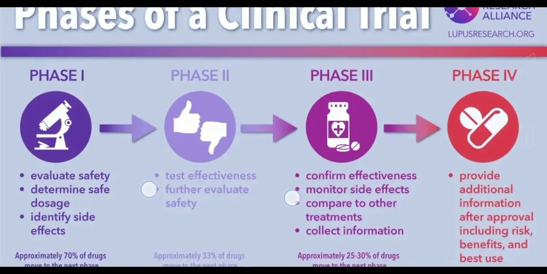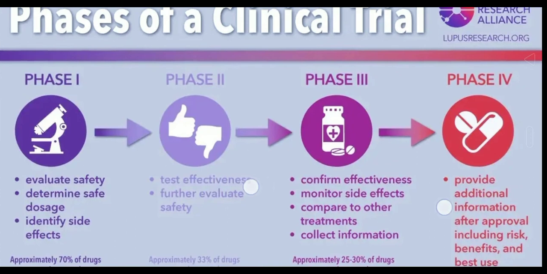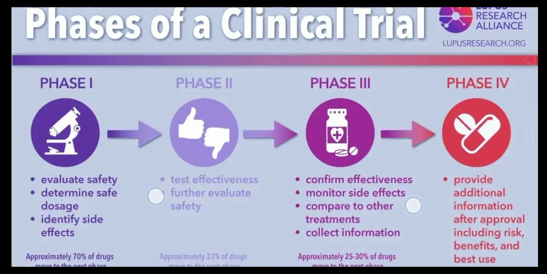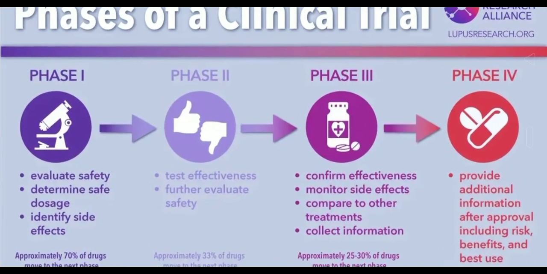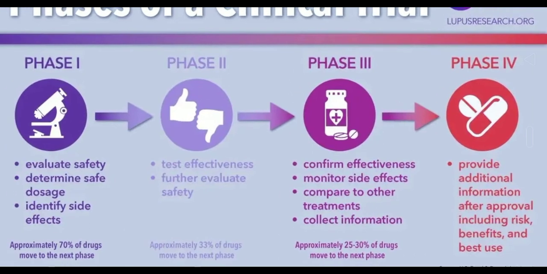In the second phase, test effectiveness, further evaluate safety. In the third phase, confirm effectiveness, monitor side effects compared to other treatment, collect information. And for the fourth, provide additional information about approval, including risk, benefits, and optimal uses. And after that, post-marketing and distribution is done.